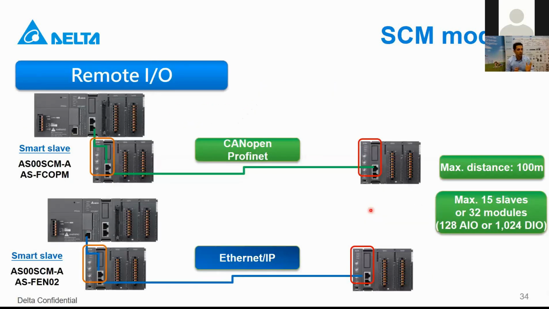So this is the remote I/O solution. The idea is that we have a CPU and we can mount up to 32 modules, right? But let's say that we have a long line in the machine, and at the end of the machine there are some I/O points like 10 digital inputs. What you need to do is make a wiring from those 10 digital inputs to the cabinet where the PLC is located.